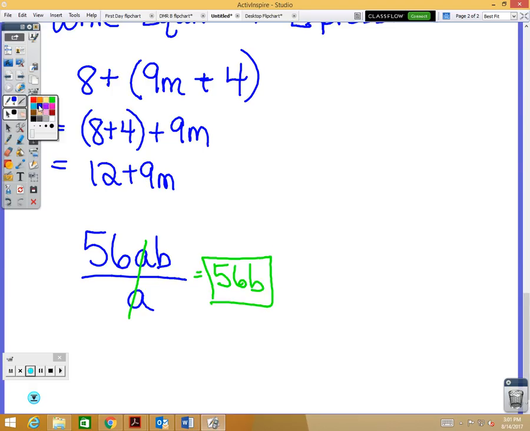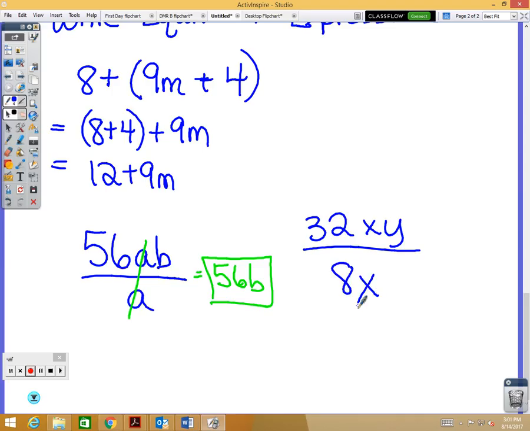Let me do one more. Can you simplify 32 over 8? 32 over 8 is 4, isn't it? And then the x's are gone too. So yes, 4y. All right.